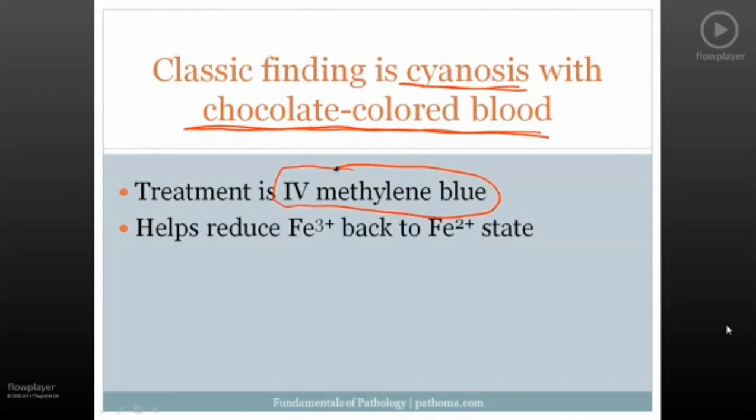It's important for generating the necessary mediators that will reduce iron back to its 2+ state. So if I wanted to summarize methemoglobinemia in just a very simple principle, I would say just remember Fe2 binds O2, and that's going to make it very easy to remember.